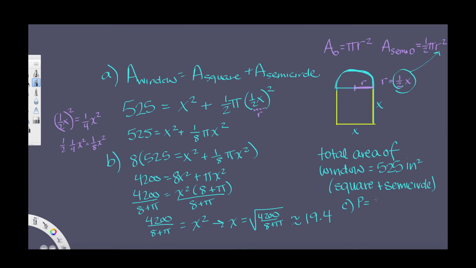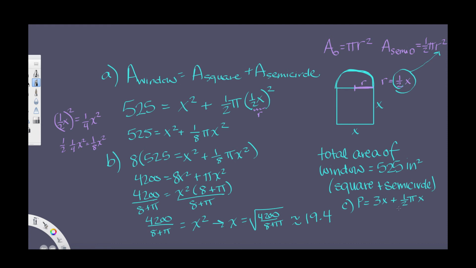So 3 x's plus half of our circumference of the circle, right? So 1/2 pi d, right? That circumference formula was from the last problem, pi d, but in this case our diameter is x, right? So half of pi times x. And then you have an x value, so you can just plug that right in.